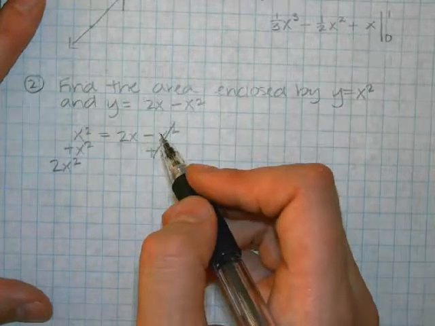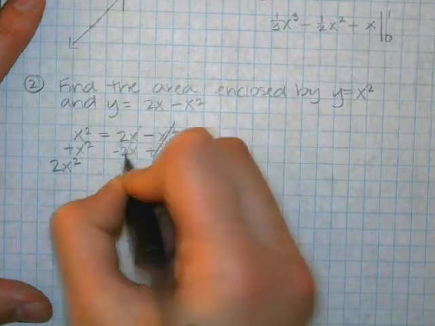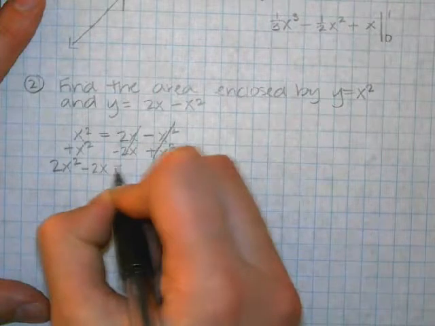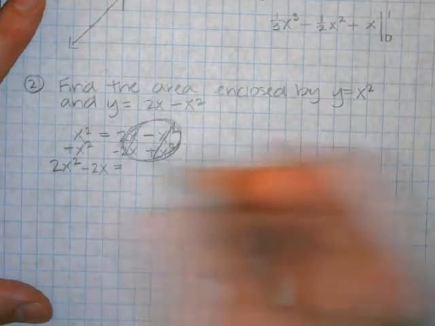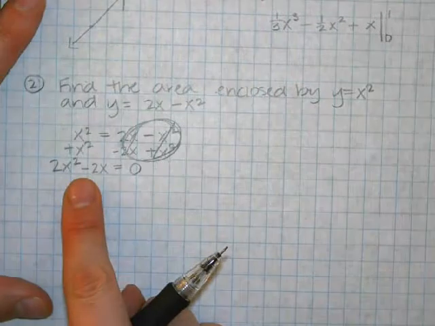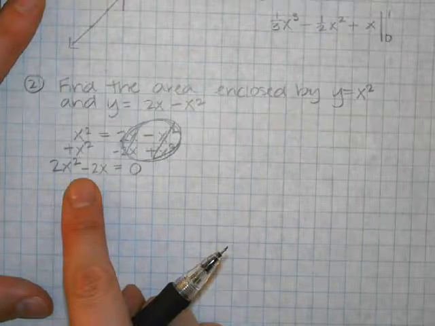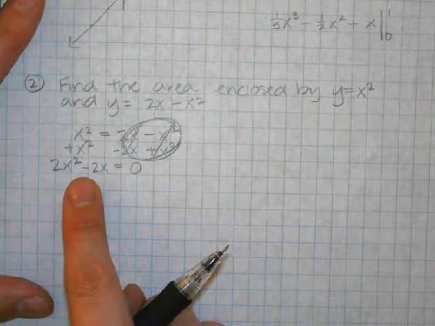Don't you dare divide by 2. Subtract 2x equals 0. Because what type of equation is this I have to solve? Quadratic. How do we solve quadratics? We factor.